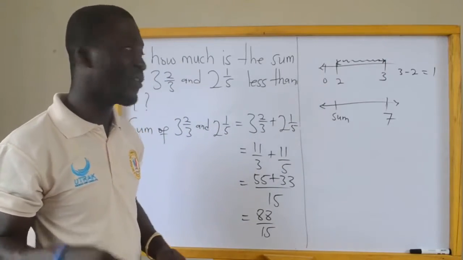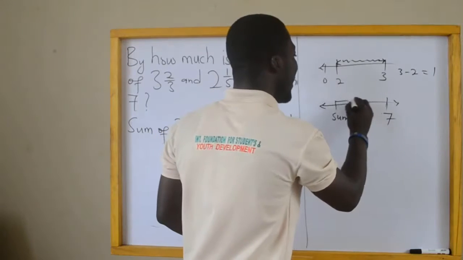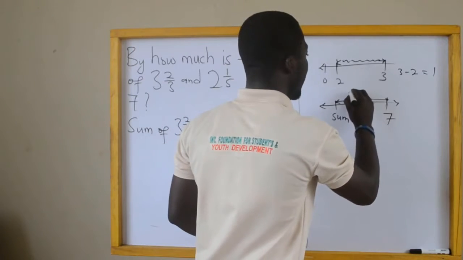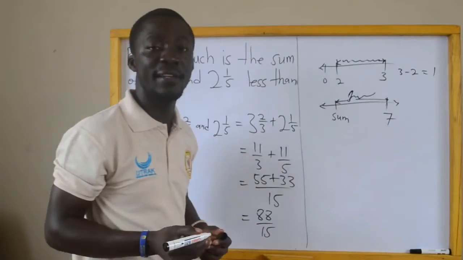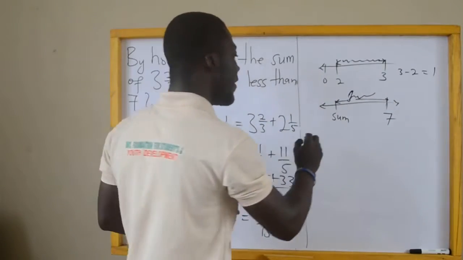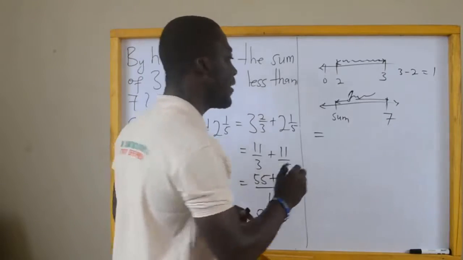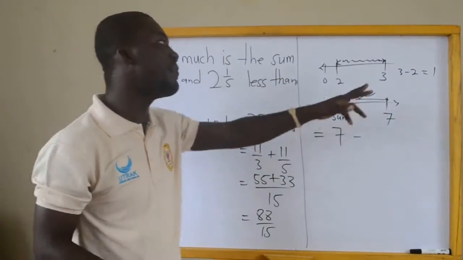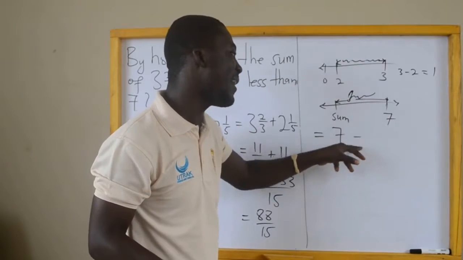So obviously we are going to find the interval or the distance between the sum and 7. And we can do that by subtracting the sum from 7. As we have here 3 minus 2, so 7 minus sum.